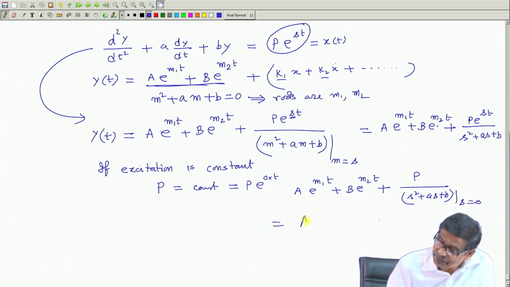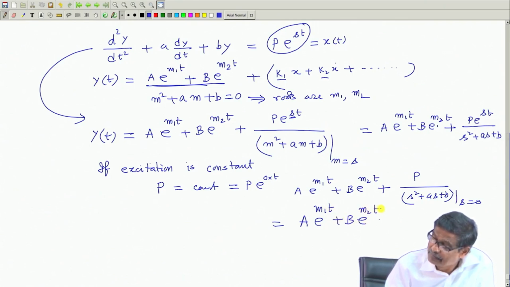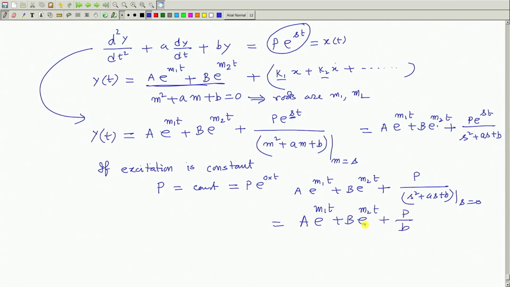That is, it will be equal to a into e to the power m 1 t plus b into e to the power m 2 t plus p by b. If the right hand side is constant, then the solution due to the forcing function will be simply p by b, suppressing these two terms.